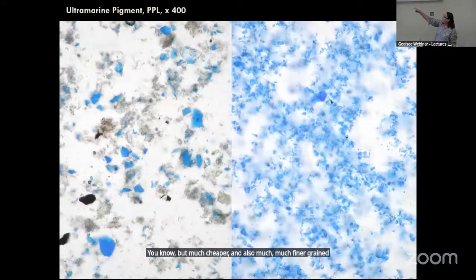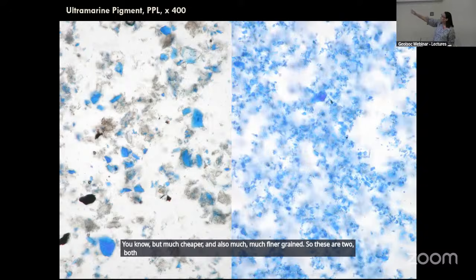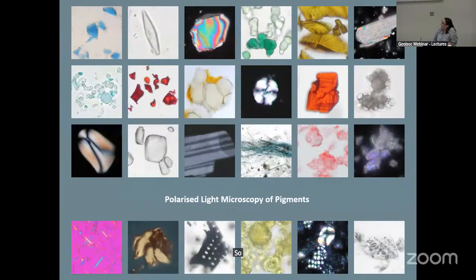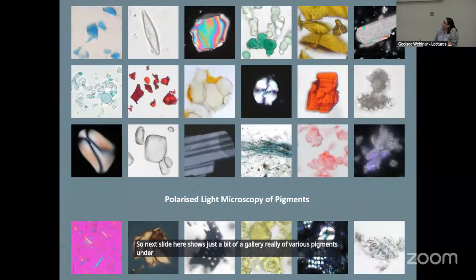So both images are at 400 times, but you do really need to zoom in at 1,000 times to see these really fine synthetic particles. So the next slide shows a bit of a gallery really of various pigments under the microscope, and these include organic phases like starch.